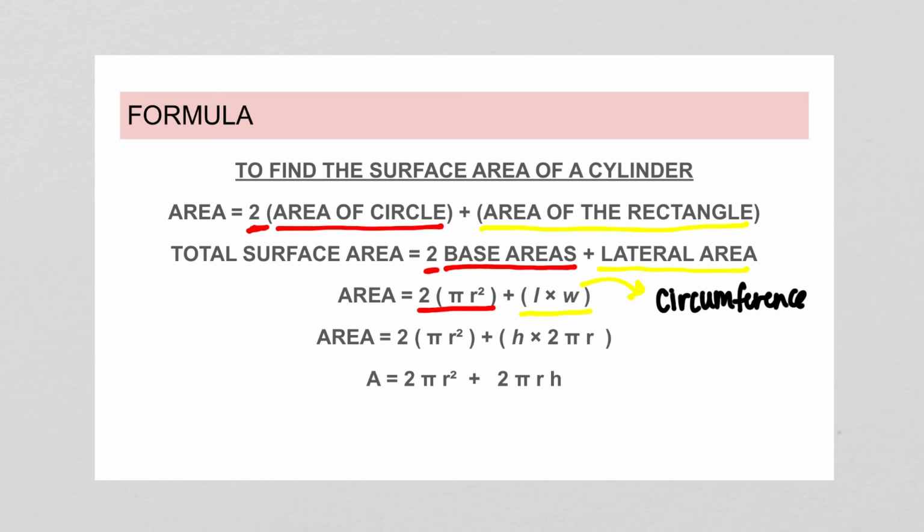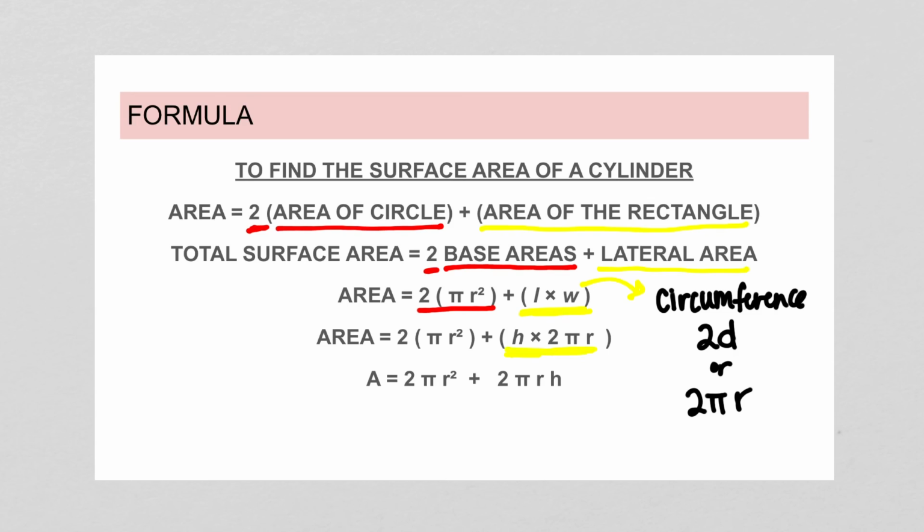That's why we've got 2 pi r here, because the circumference is, you could call it 2 times diameter, or you could call it 2 pi r. Those mean the same thing because the diameter is twice the radius. And we also know we've got that height there, the length and the height, we could call that the same thing.